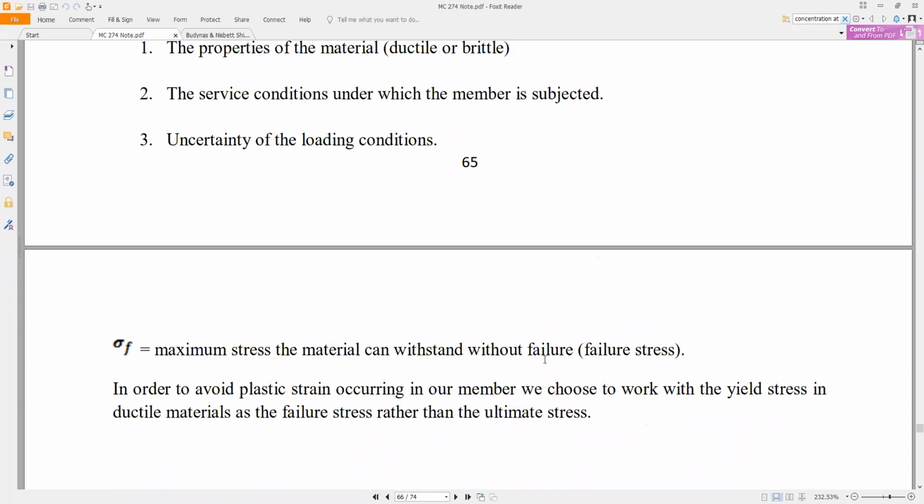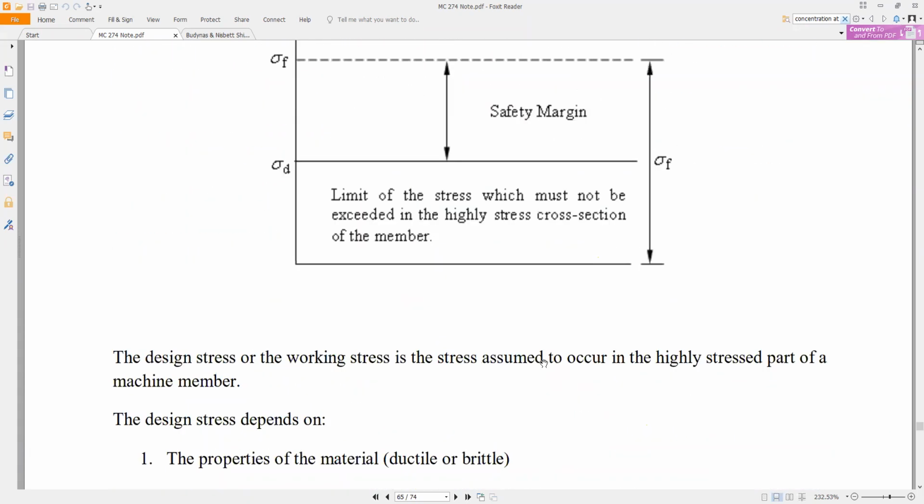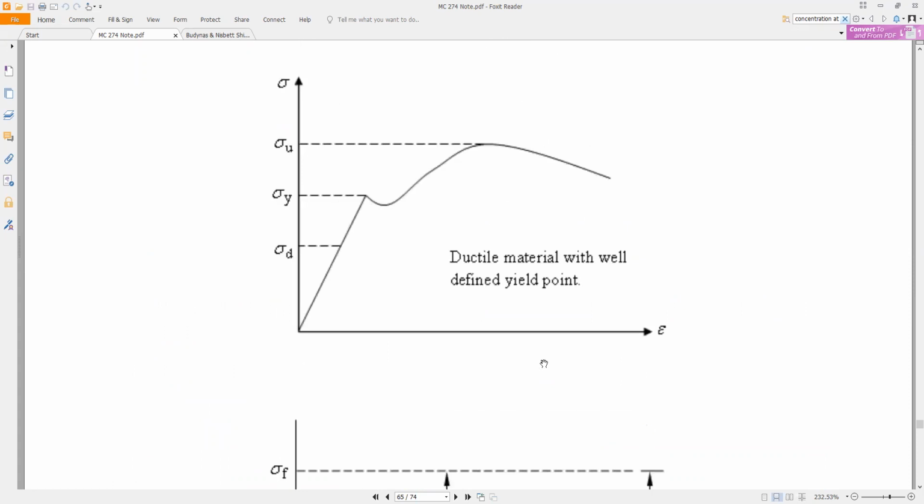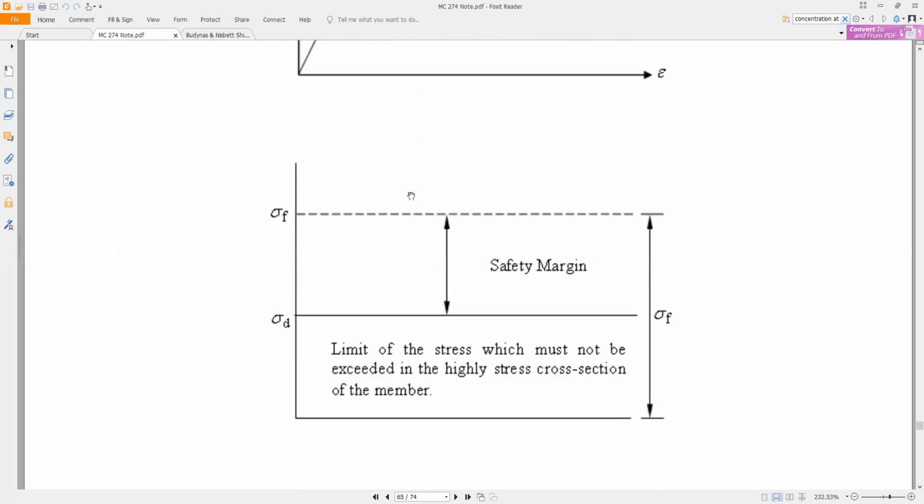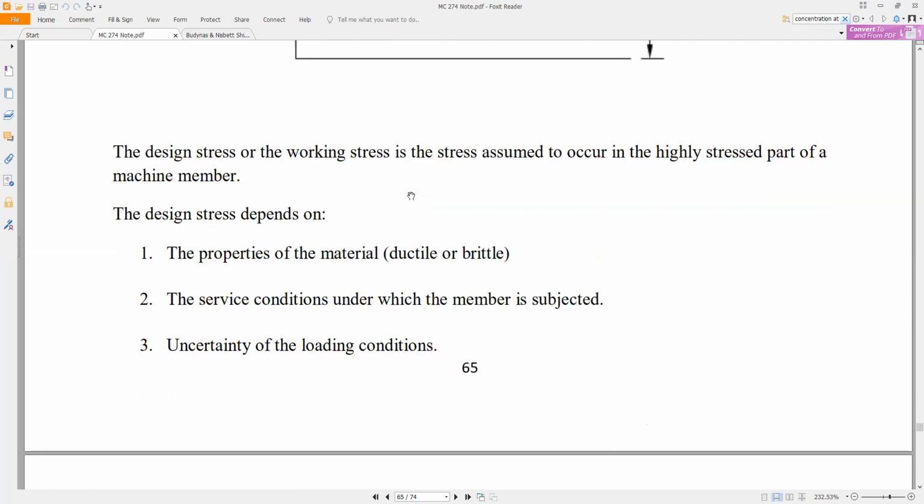Because we don't want the material to yield, let's go to the stress strain diagram again. We don't want the material to yield, because yielding of the material in some situations means that the material has failed, though it's not yet broken, but it has failed. In order to avoid that, we use the yield stress in the material as the ultimate stress, or that is the maximum stress in the material.